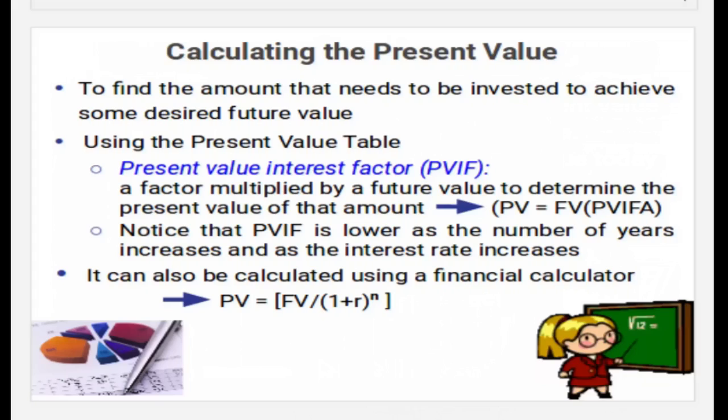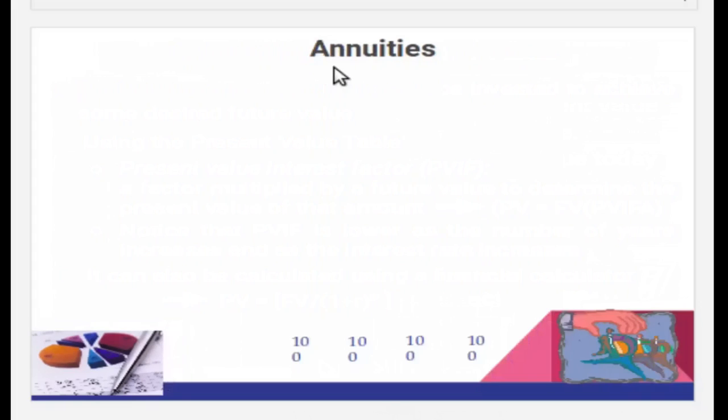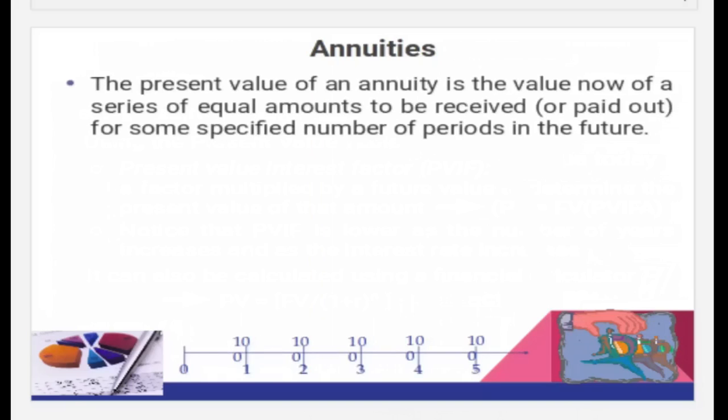Now next we will learn about annuities. Annuity is nothing but money payable to the beneficiary at regular intervals for a prescribed period of time. Or you can say a series of equal payments occurring at equally spaced periods of time. The present value of an annuity is the value now of a series of equal amounts to be received or paid out for some specified number of periods in future.